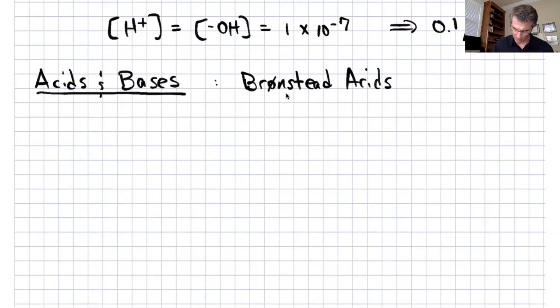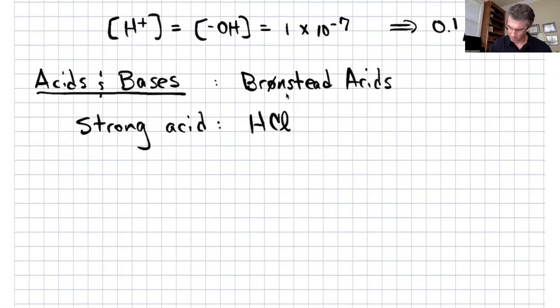Say starting with something like a strong acid, for example, hydrochloric acid, whose dissociation equilibrium in aqueous solution is so far in the direction of ionization, it's essentially complete until the concentration gets ridiculously high, right?